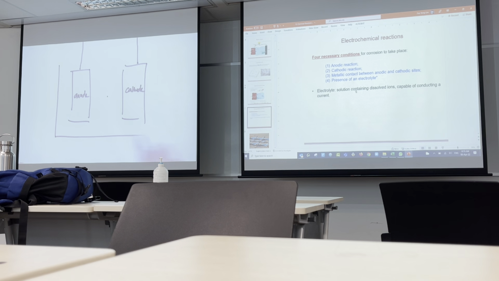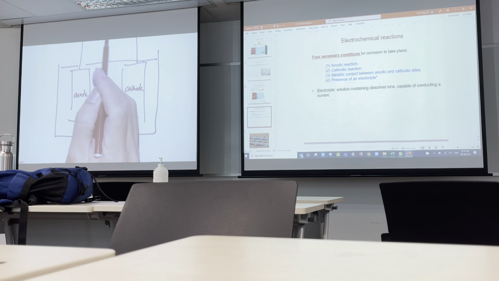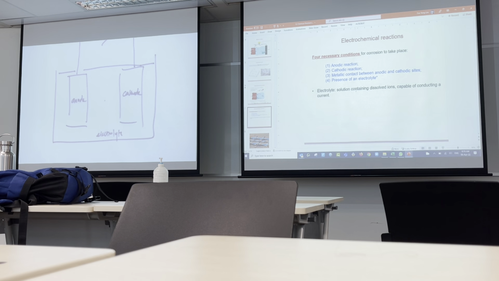And there must be a liquid electrolyte. This allows the ions to move to complete the ionic channel and complete the electric circuit. If this is non-conducting, it will not flow. So electrons will flow in this way, and the anode is the one that is being corroded.